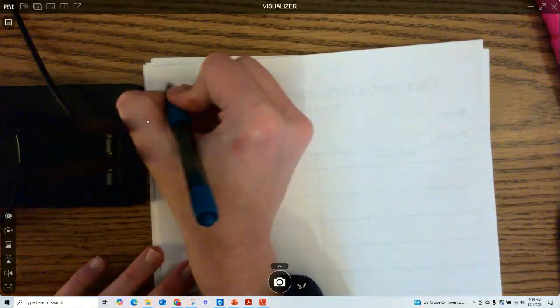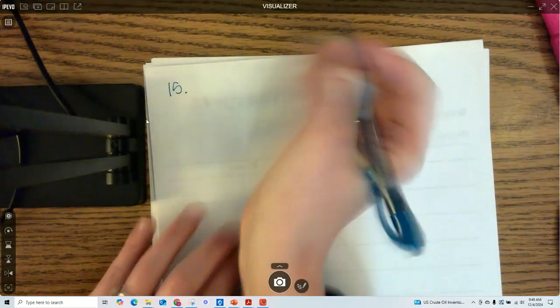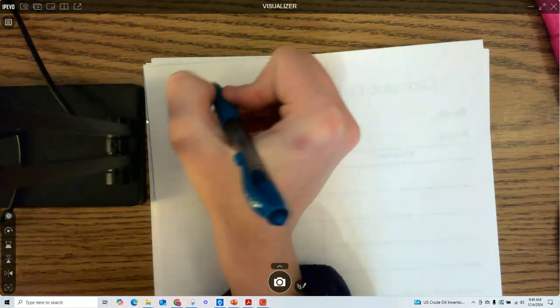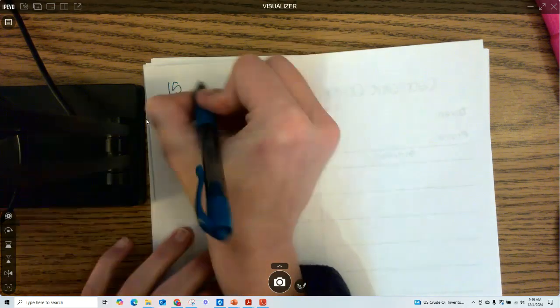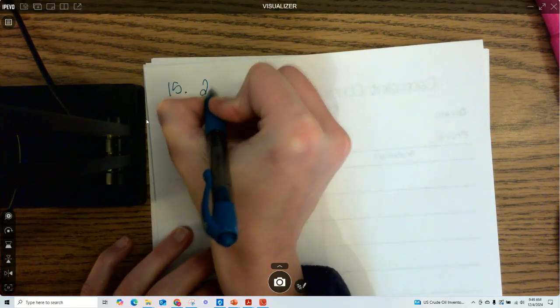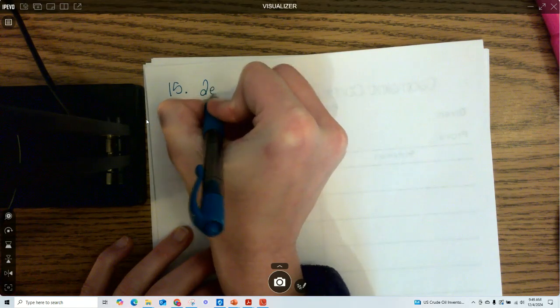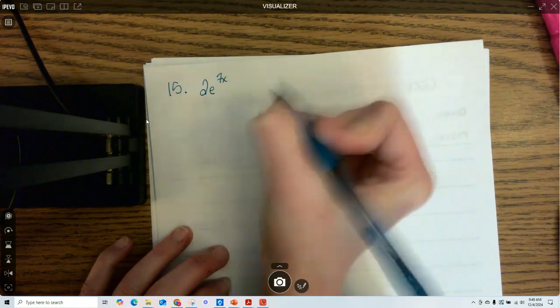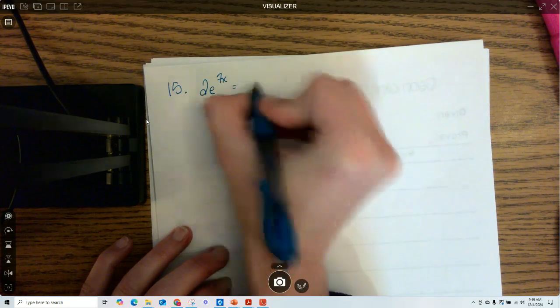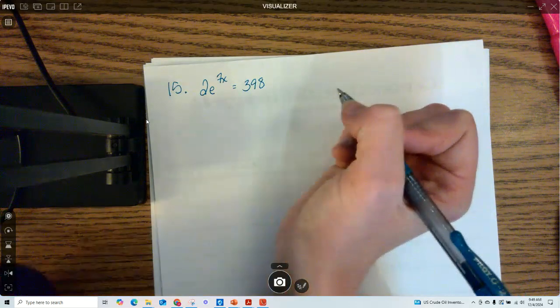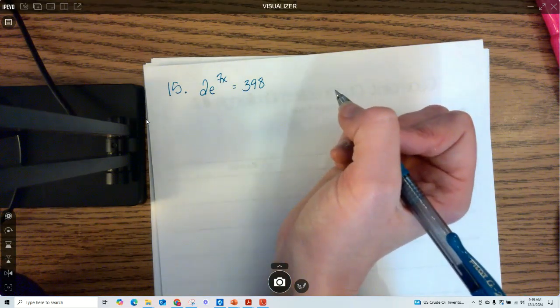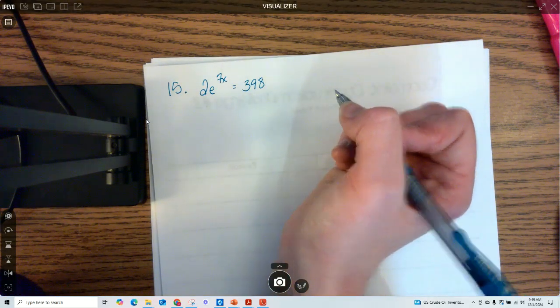15. Solve the following exponential equation. Express the solution set in terms of natural logs. It's 2e to the power of 7x equals 398. It wants the solution set expressed in terms of logs.